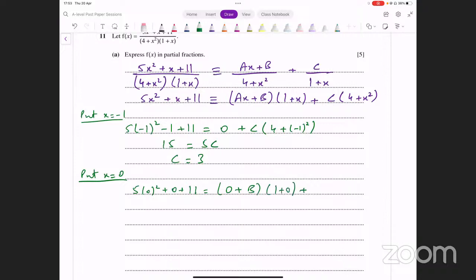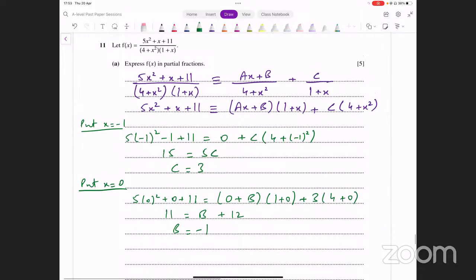Plus c की value 3 hai, 3 into 4 plus 0 squared. On the left side, we have 11. On the right side, we have b into 1, that's just b, plus 3 into 4, that's 12. And the value of b turns out to be -1 from this. Okay, that's the value of b that I'm getting.